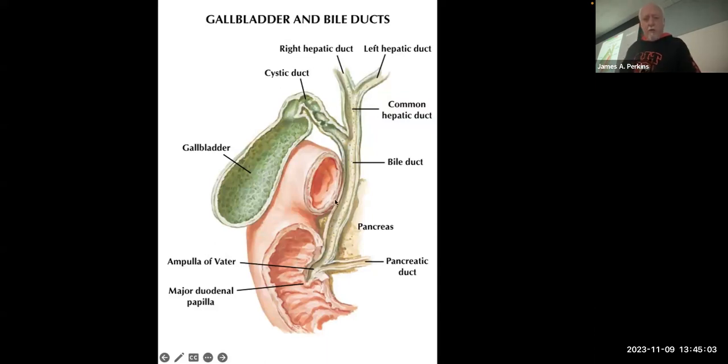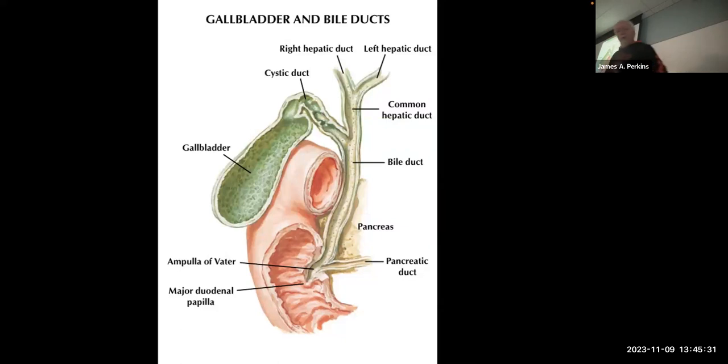But probably more importantly, the stone is also blocking the flow of bile out of the liver. That bile has nowhere to go to get out of the liver, so it causes bile to back up in the liver itself. And that chemical component of bile called bilirubin, since it's got no place to go and it can't get out of the liver, actually backs up into the bloodstream.